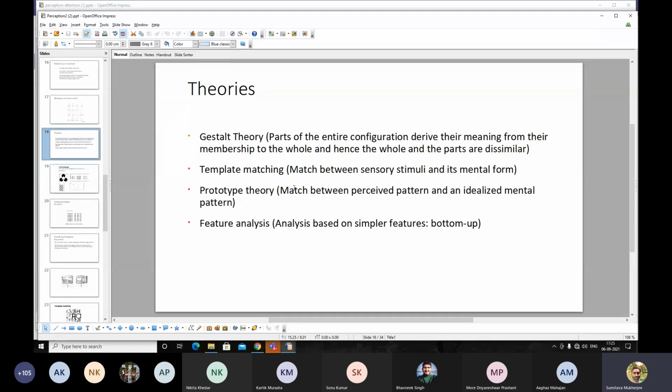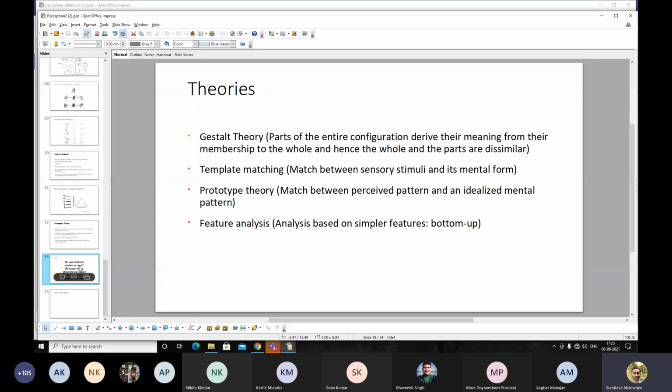Prototype theory says that you are matching a sensory stimulus not with all possible mental forms, but one single idealized mental pattern, which means that it's like a many to one. And the fourth one is feature analysis, where you're working your way from the bottom up and you're analyzing different features to eventually build up the form.